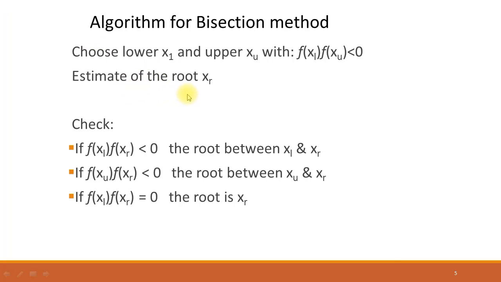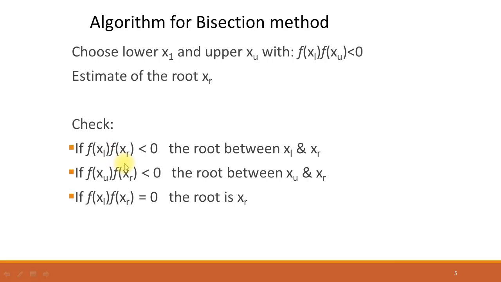Then estimate the next root, called xr, and at every step check if f(xl) f(xr) < 0, meaning the function has opposite signs at xl and xr. Then the next root lies between xl and xr, and you simply add xl and xr and divide by 2 to get the next root.